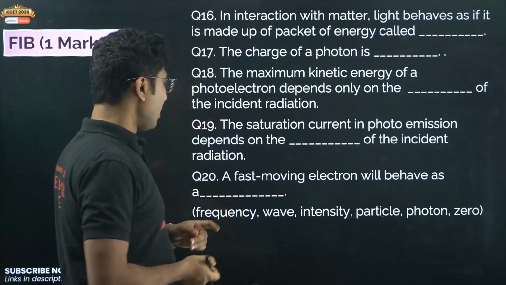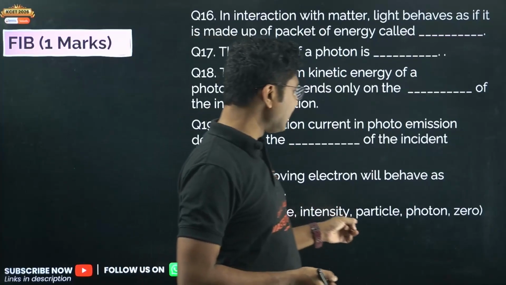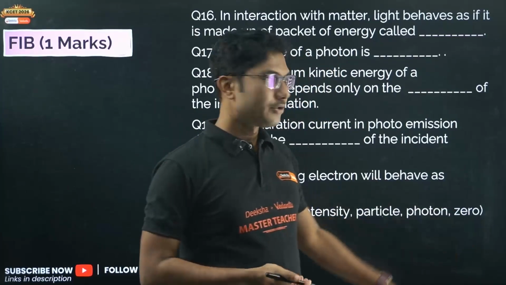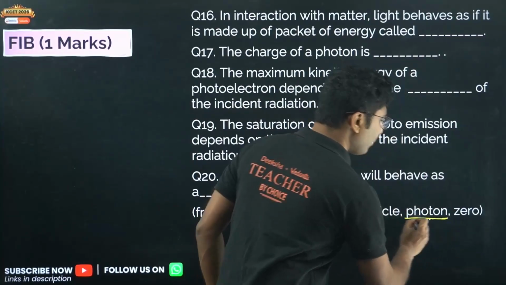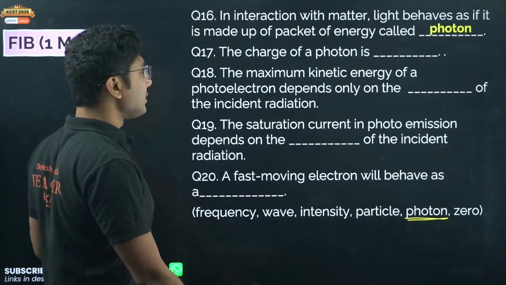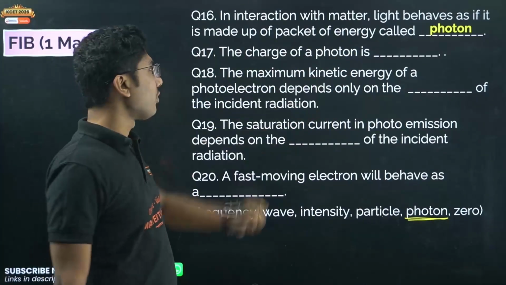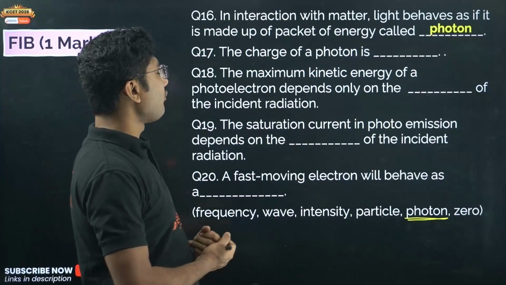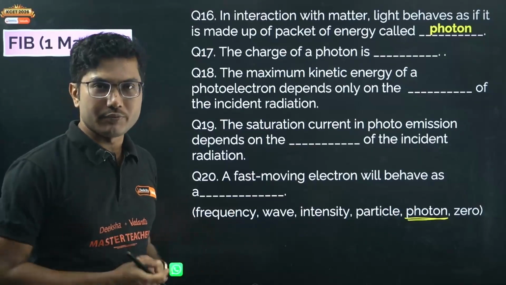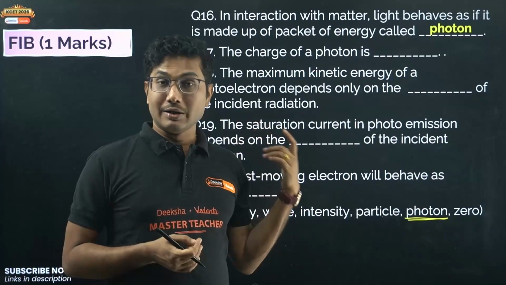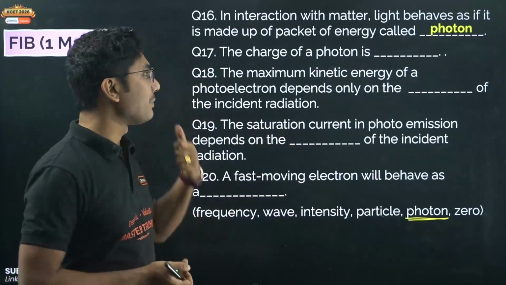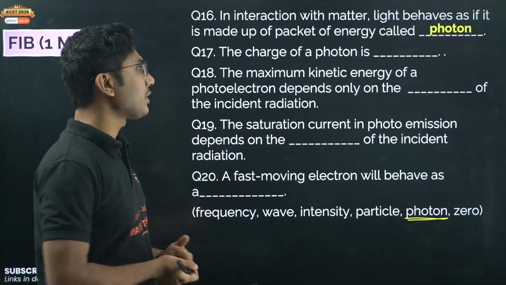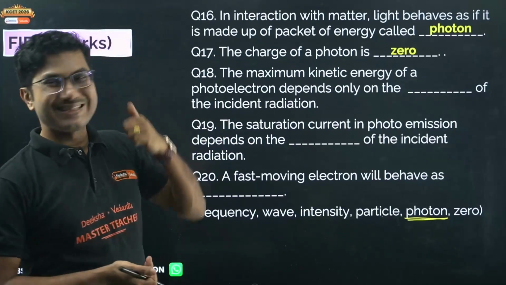Frequency, wave, intensity, particle, photon, zero. It is known as photon. From the given options, this must be the term: photon. The charge of a photon: a photon is an uncharged particle. It can be considered as an uncharged particle in motion, so the charge of a photon is 0.